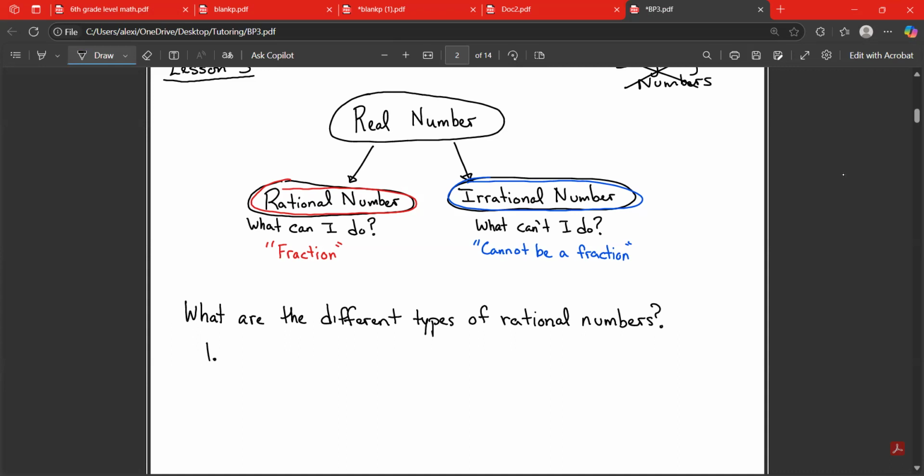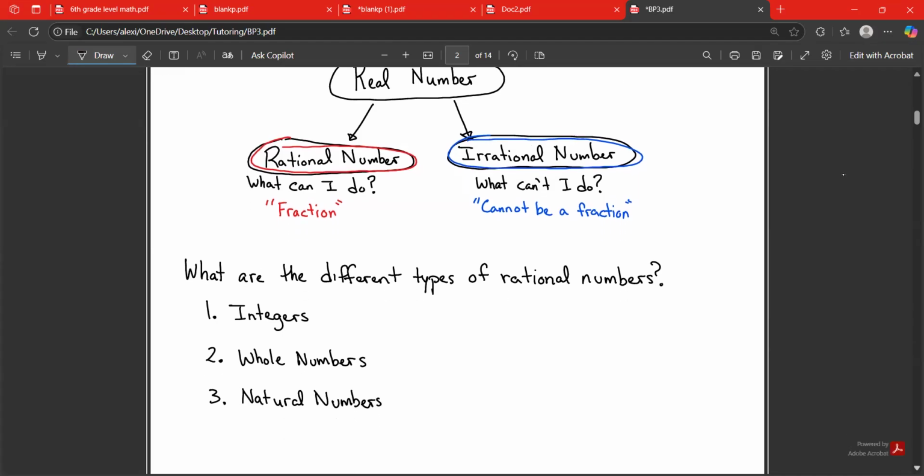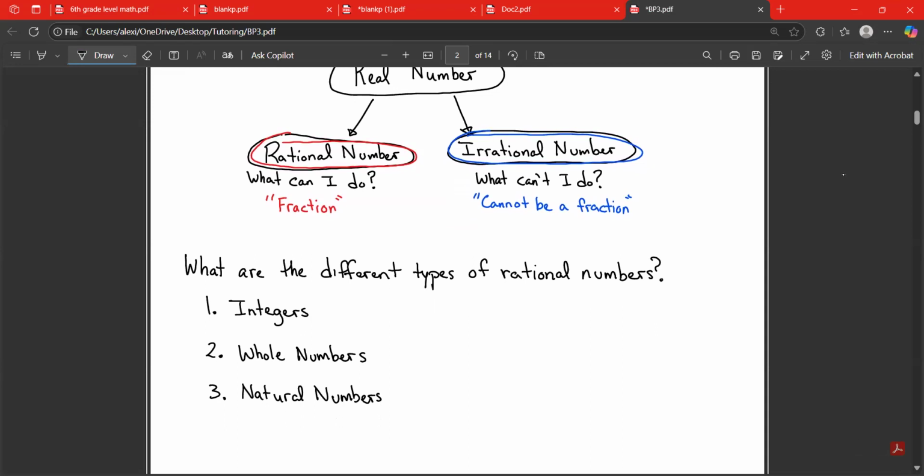Well, there are these numbers called integers, whole numbers, and then this thing called natural numbers. I know you know what a whole number is because that was your whole elementary experience.